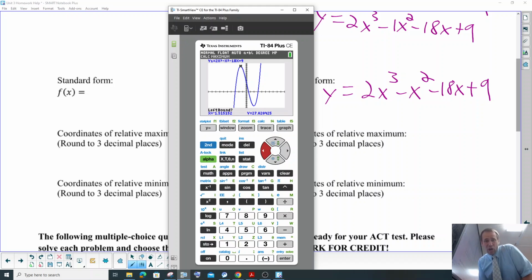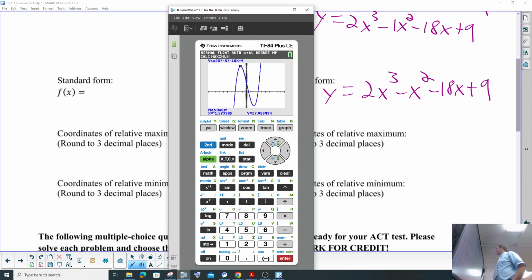So push your arrow to the left, left, left, push enter. Then right, right, right. Now it wants the right of the maximum, it's trying to zero in on it. Okay, right arrow, push enter. Then we're trying to guess where that maximum is. Get as close as you can to your guess, and then push enter one more time.